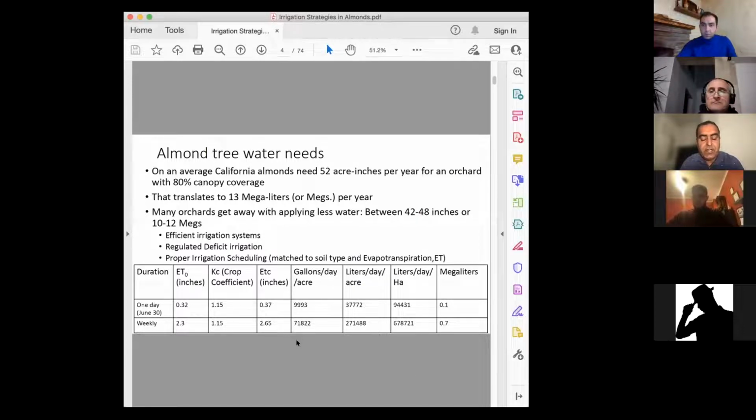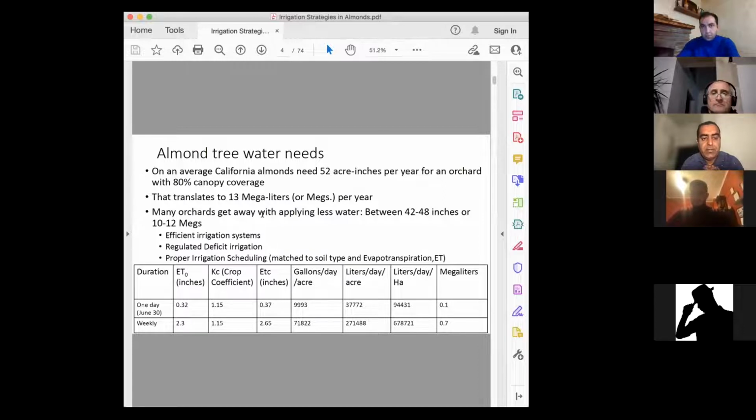And then the almond production function studies showed us that we really don't need 100% matching to that 52 acre inches. Now, if I have to convert acre inches into megaliters per hectare, here are some calculations that I would do. I know in Georgia, there's metric system, and that 52 acre inches translates to about 13 megaliters per year per hectare.